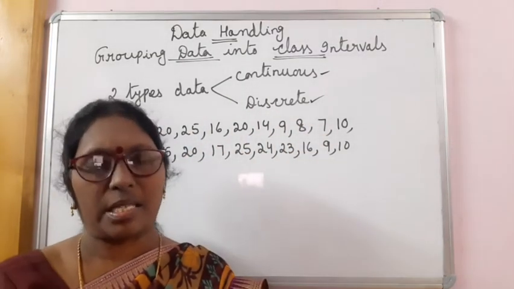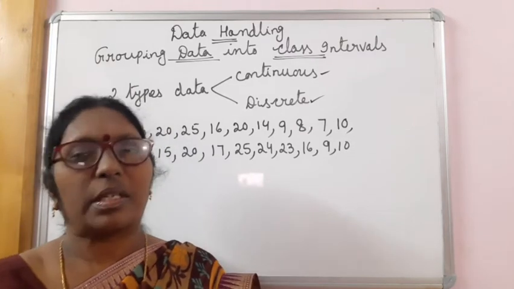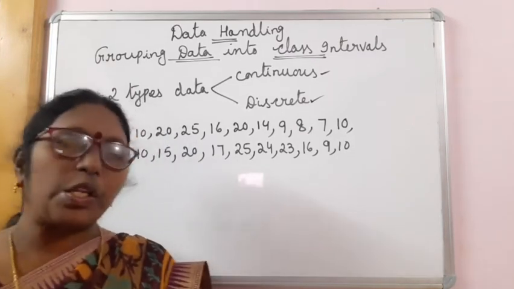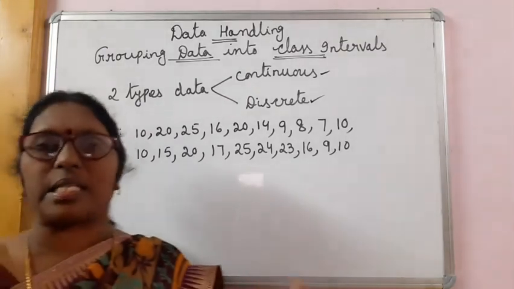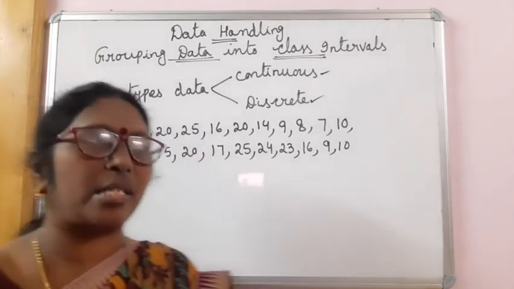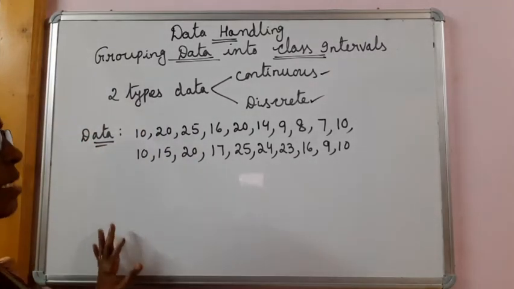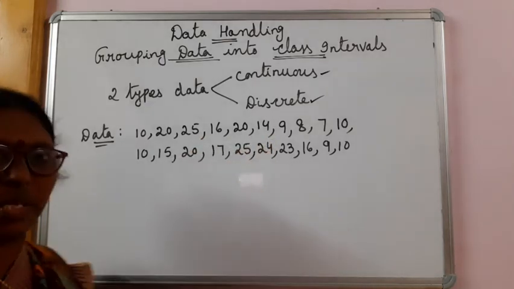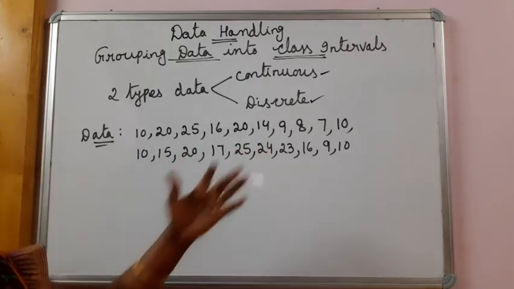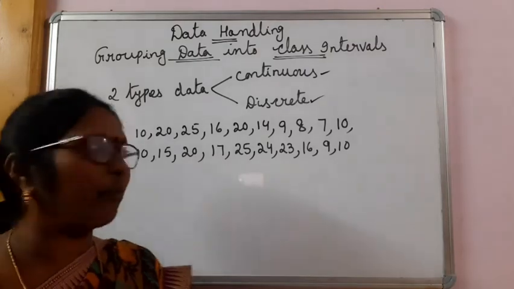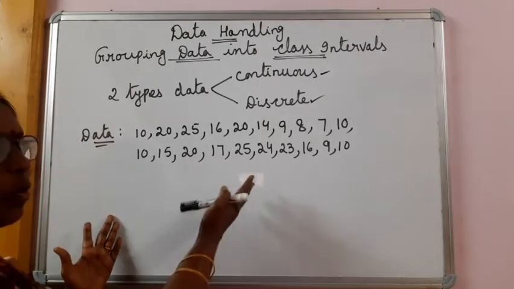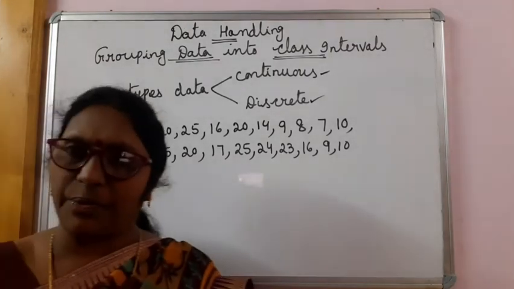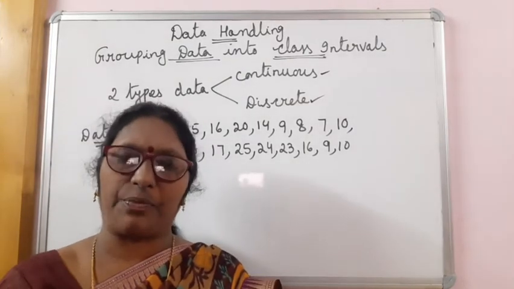How to group these data into class intervals? In order to find the class intervals, what you have to do is look at the least observation, here the marks, and the highest marks. And in this case we know the marks are out of 25, so it is below 25.